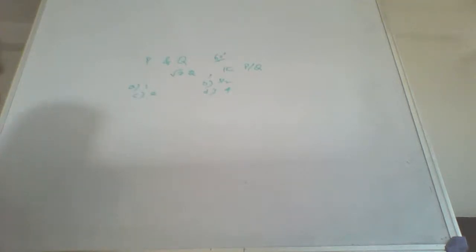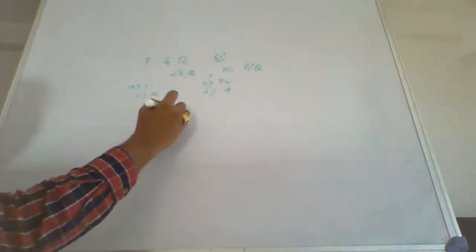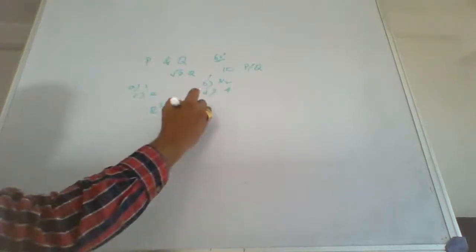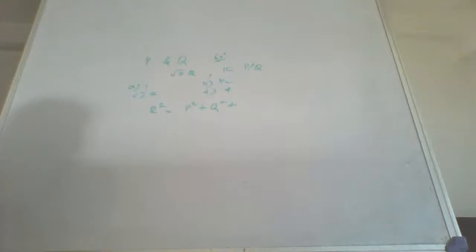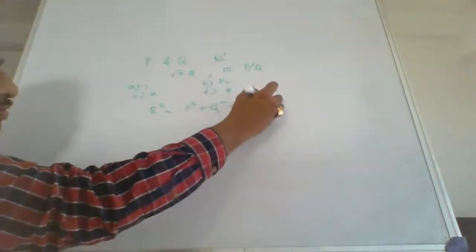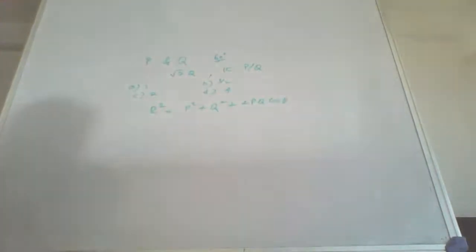So we know that R square is equal to P square plus Q square plus 2PQ cos theta.